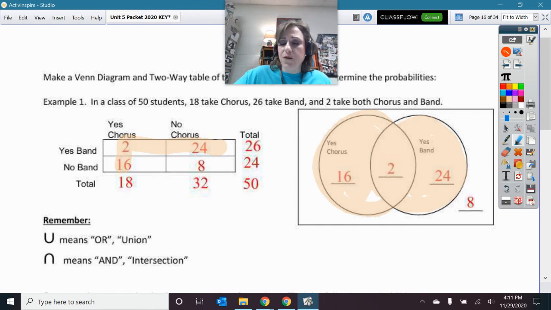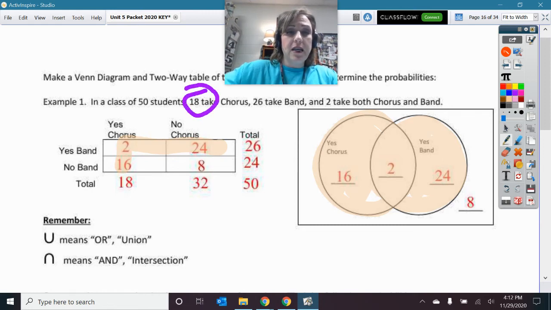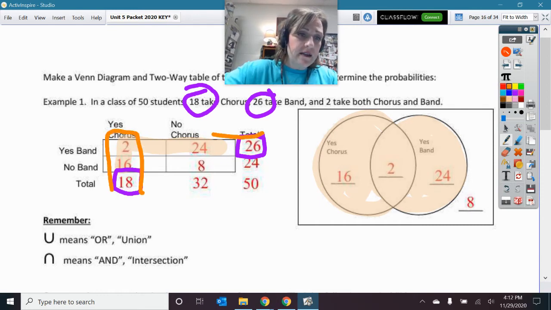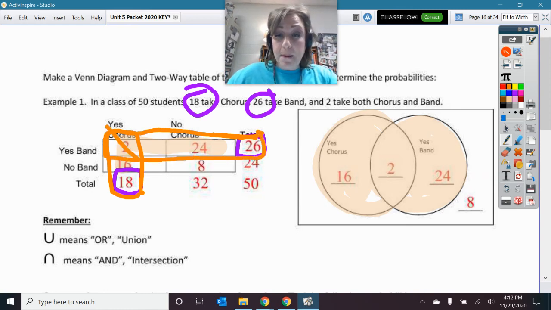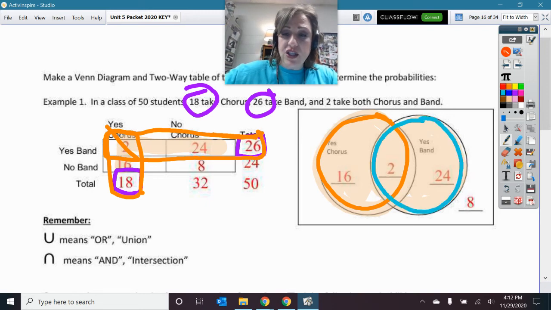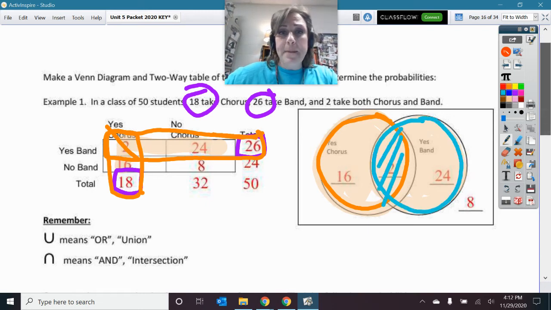But with the general addition formula, you could say, oh, 18 plus 26, that's this. Well, look at what happens. 18 plus 26 double counted that 2 in the middle.